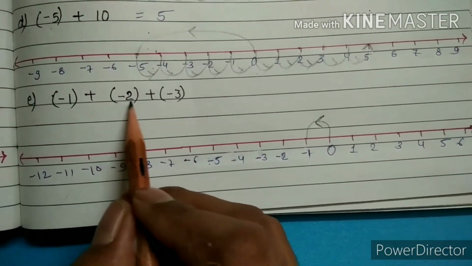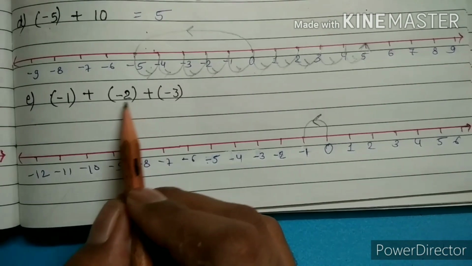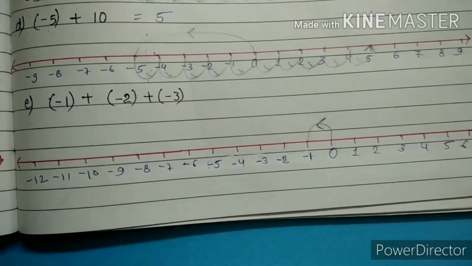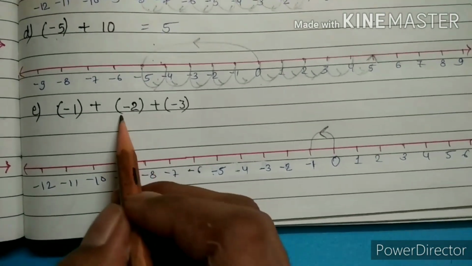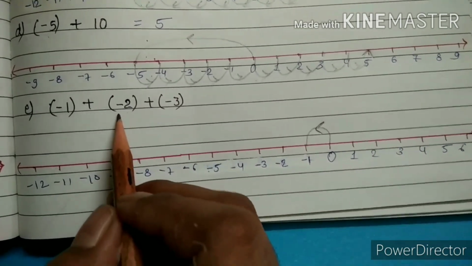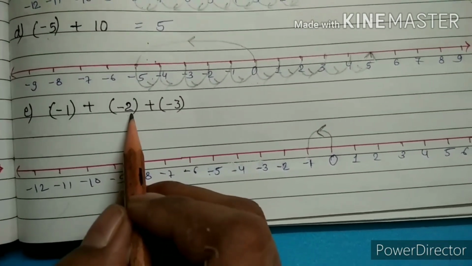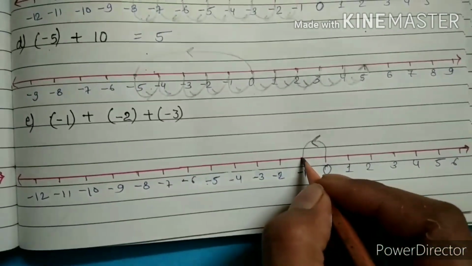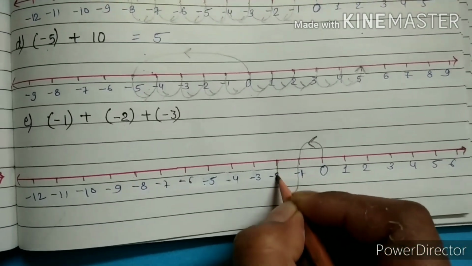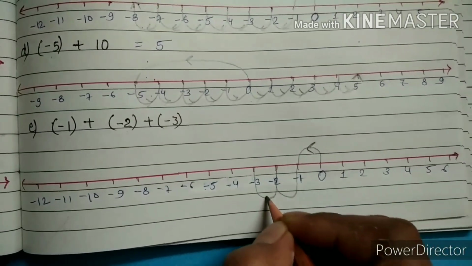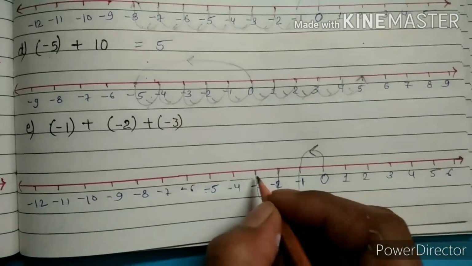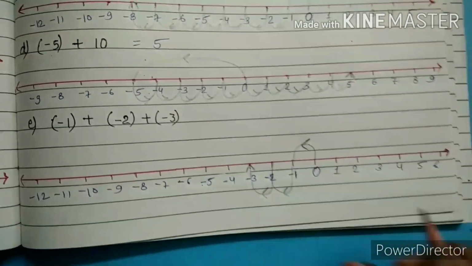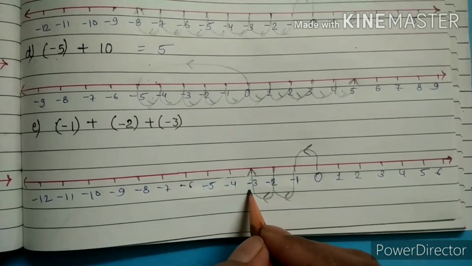That's why we have to go on the left hand side. On the left hand side we have to see the symbol of the number. How many steps do we jump? 2 steps. So this is 1 and this is 2 step and we reach negative 3. If the question was only this much, our answer would be negative 3.